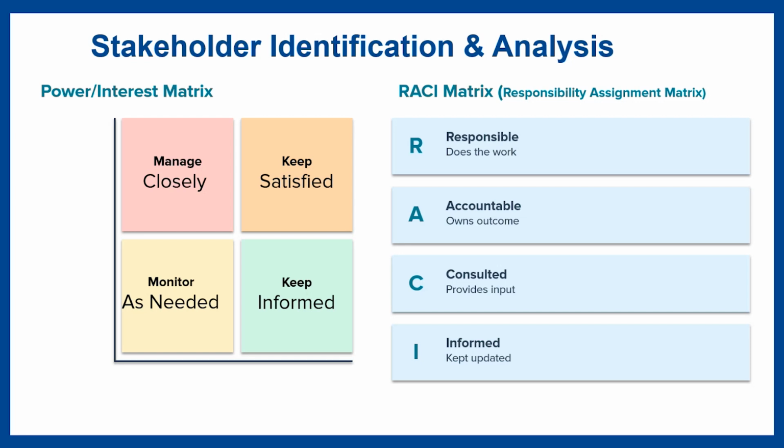If you've identified Joe as high power, high interest, and you need to manage him closely, then you have to make sure that you are putting him in the right category, right? Is he the one who does the work? Does he own the decision and final approval? Does he provide input? Does he need updates? Chances are he may need all four.